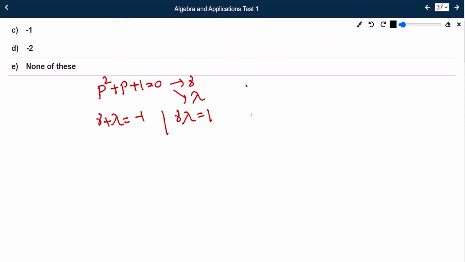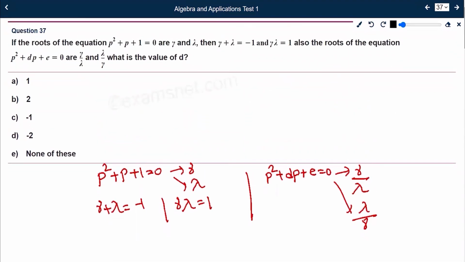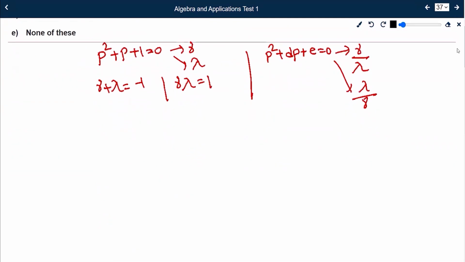And also there is another quadratic equation given. Those roots are as stated. Now we need to find the value of D. To do so, let's start from the relationship between roots and coefficients.